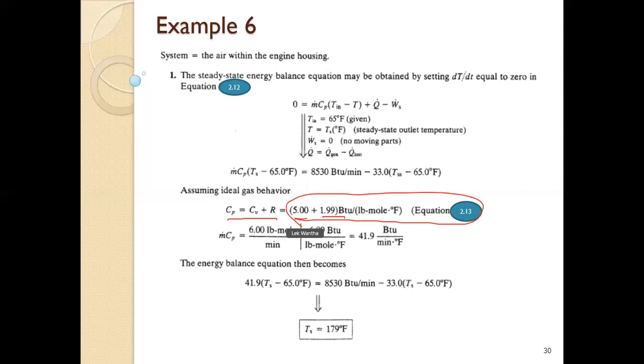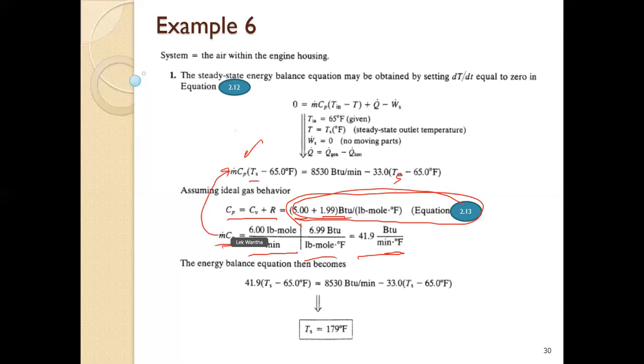And then MCP. You know M is the mass flow rate at the inlet, multiplied by CP from this equation. You get MCP. The unknown is T steady state.